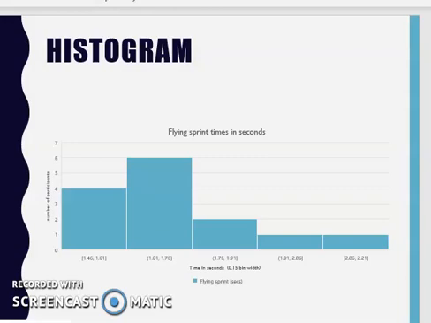Each bar groups a range of numbers, and the taller bars show more data falls in that range. A histogram displays the shape and spread of continuous sample data. It is the most commonly used graph to show frequency distribution. The area of the bar represents the frequency, so the height of the bar is the frequency divided by the class width. Once the frequency density is known, a histogram can be drawn.